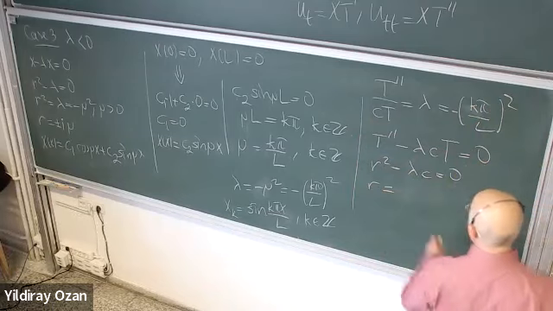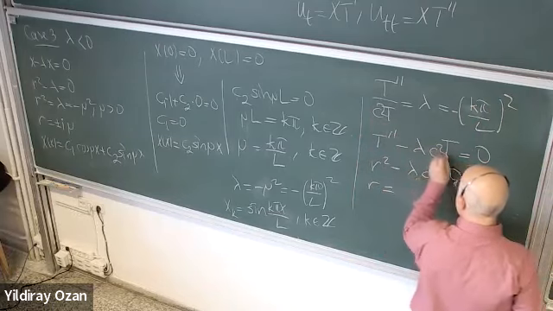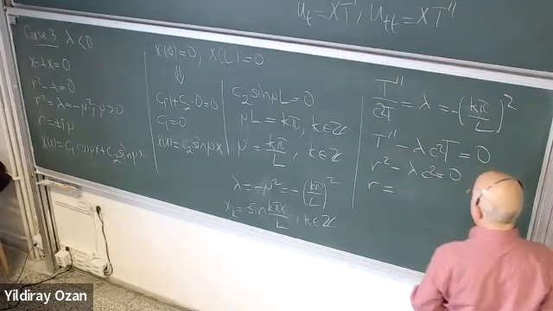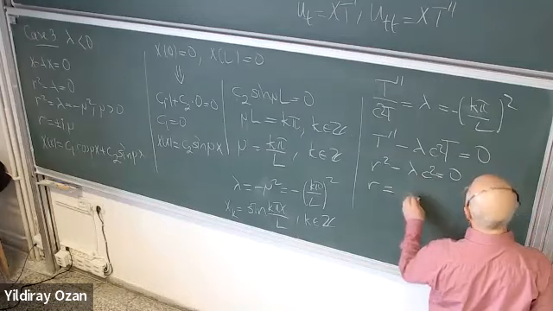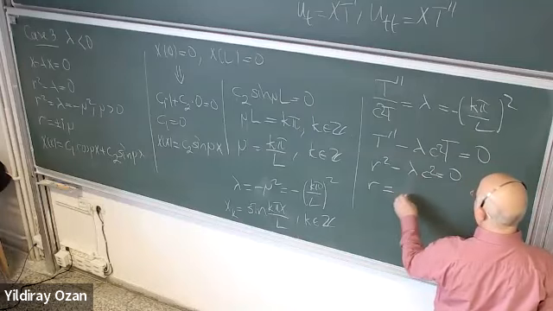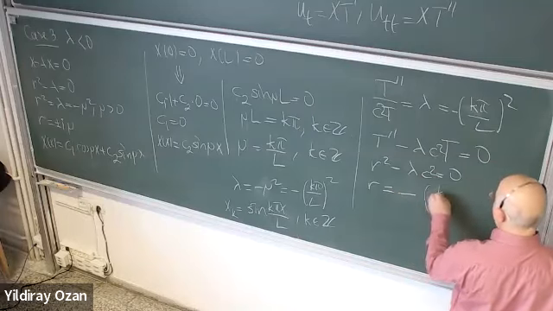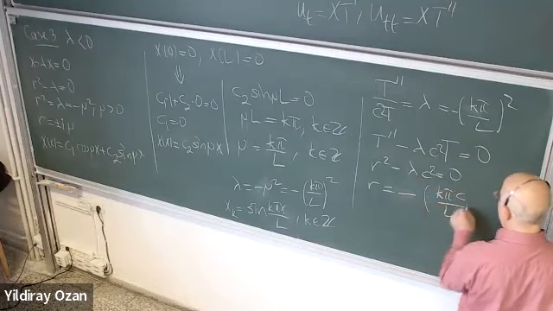c squared. Yes. So it is just lambda times this. So minus k pi c over L squared.